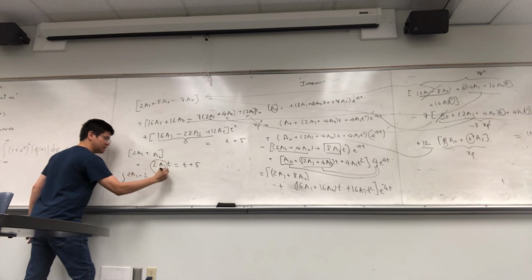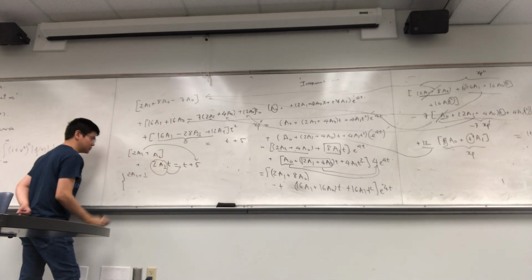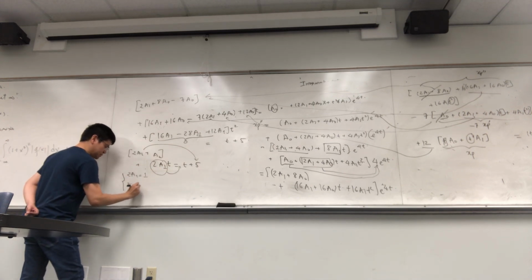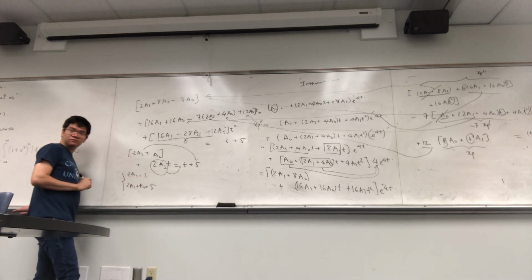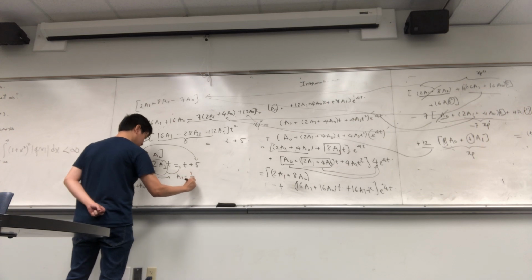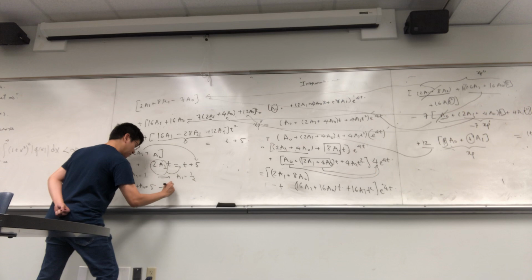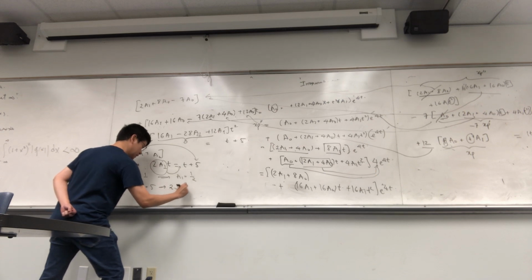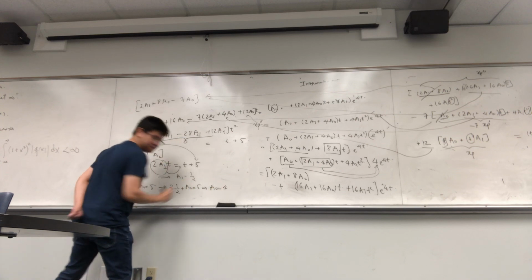So this coefficient has to be the same as this coefficient, and this coefficient has to be the same as this coefficient. So you have 2a1 plus a0 is 5. The first one gives you a1 is 1/2. You plug it into the second one, and you have 2 times 1/2 plus a0 is 5. So a0 is 4.